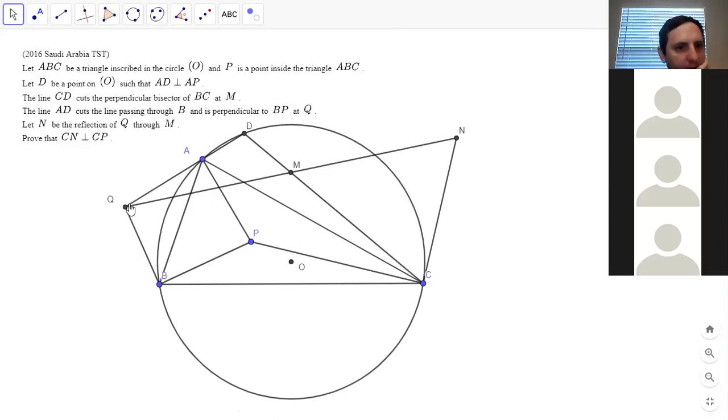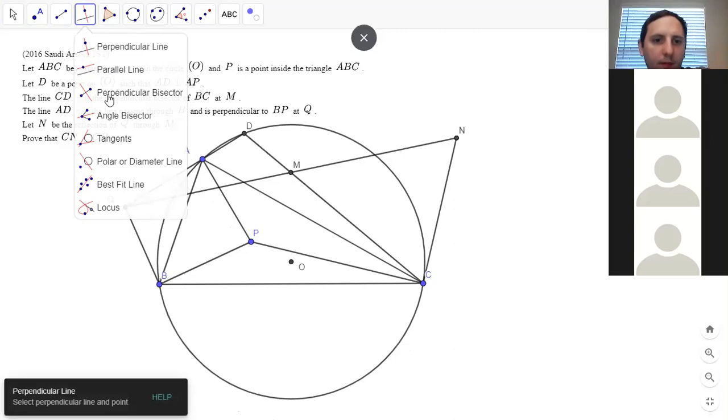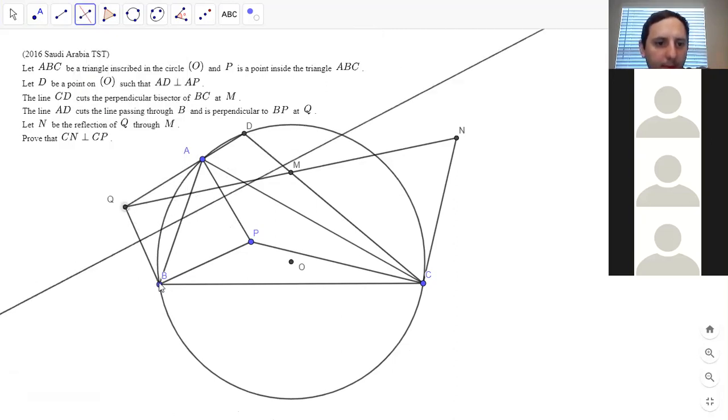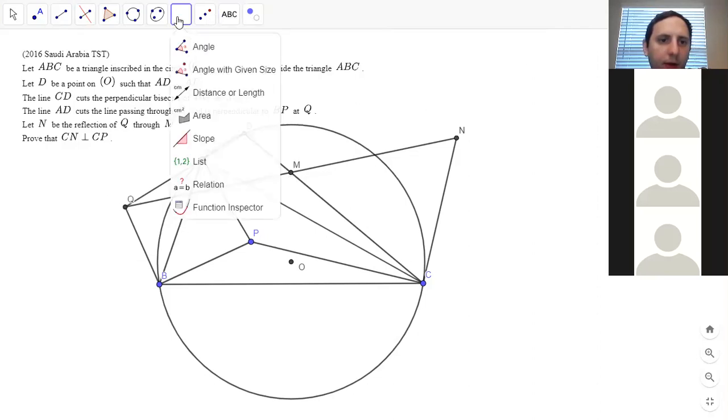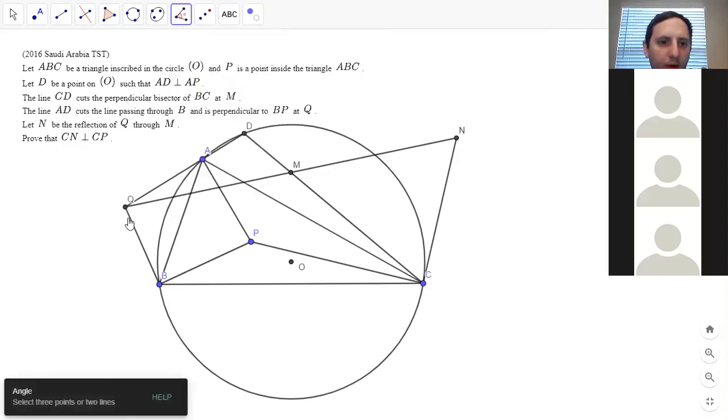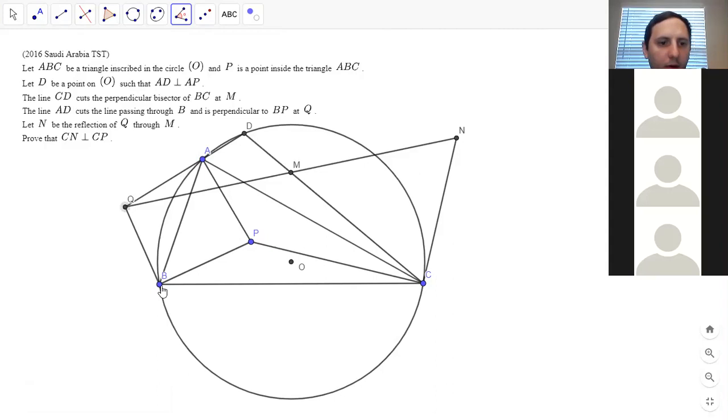So we know that this is a right angle. So there's almost a kind of symmetry, right? We know that this is a right angle, and we want to prove that the other one's a right angle.